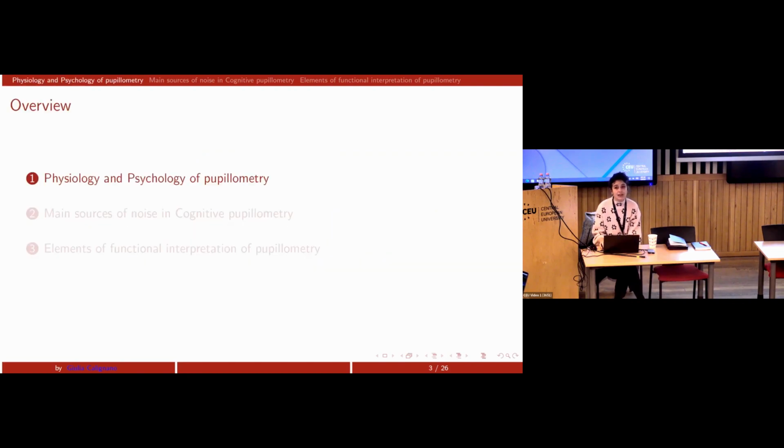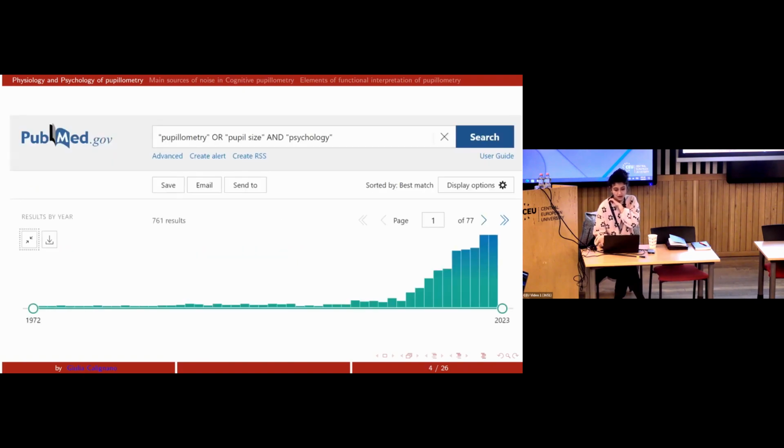I would like to start with very few pieces of information about the physiology and the psychology of pupillometry, just in order to understand in what sense I mean methodological mistakes. First of all, I did a very brief search on PubMed using the keywords pupillometry or pupil size and psychology.